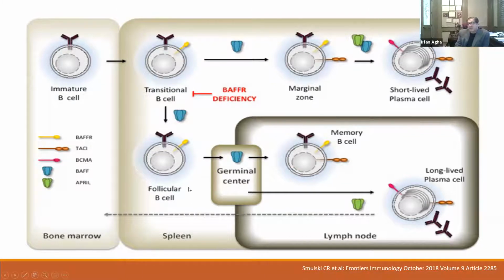Once the B cells have this follicular response, it migrates into the germinal center in the secondary lymphoid organs, and it then starts developing into plasma cells and memory B cells. And all of this is very dependent on BAFF and APRIL.